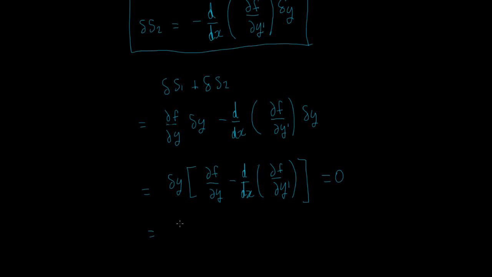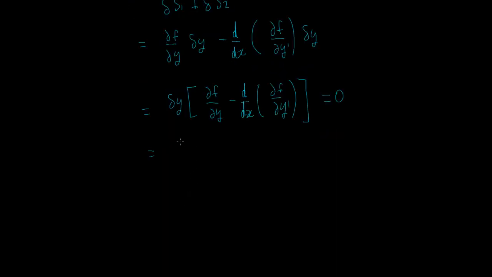So now we want, and I'll write it bigger here, partial f by partial y minus d by dx of partial f upon partial y derivative. We want all of that to equal 0.